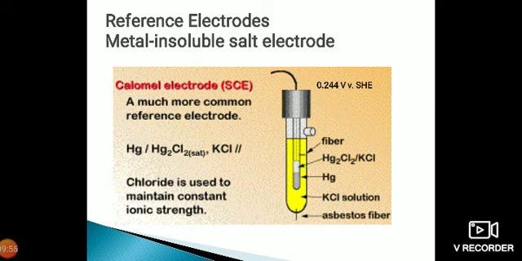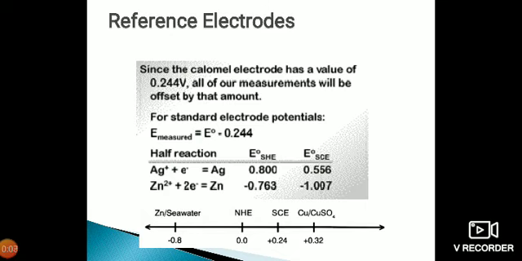The electrode potential for the standard calomel electrode, where a saturated solution of KCl has been used, is given as 0.244 volts at standard conditions, calibrated versus the standard hydrogen electrode. Since the calomel electrode has a value of 0.244 volts when saturated KCl solution is used, all our other measurements will be offset by that amount, because for standard electrode potentials, E measured equals EC minus EA.